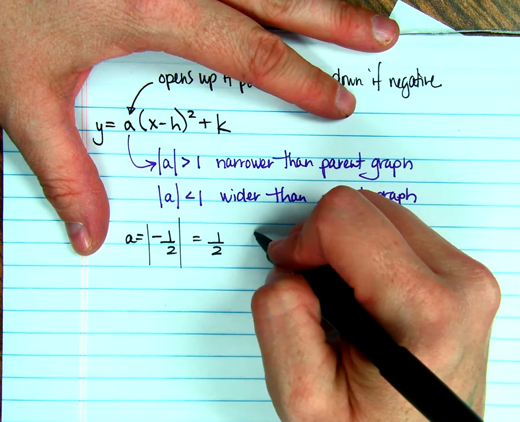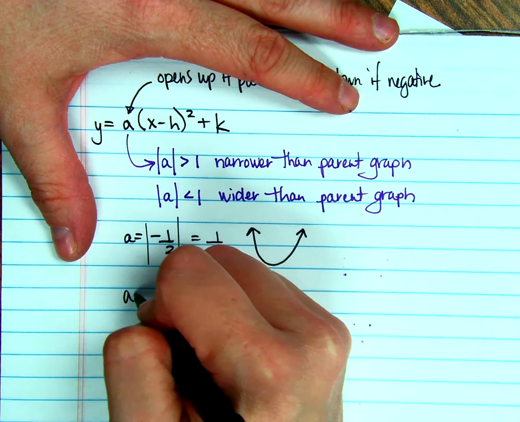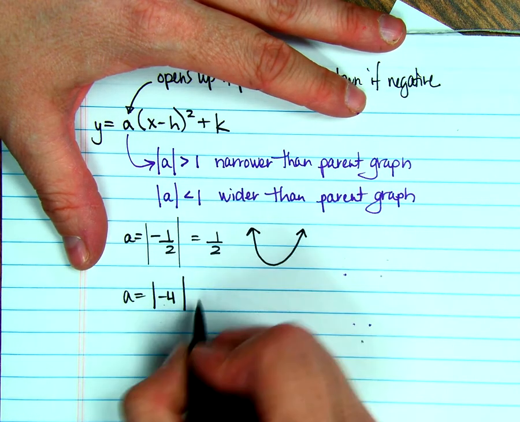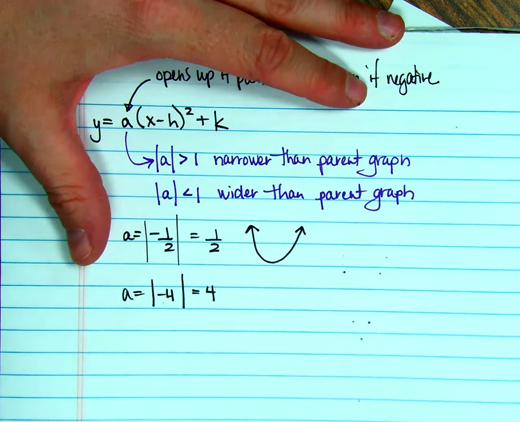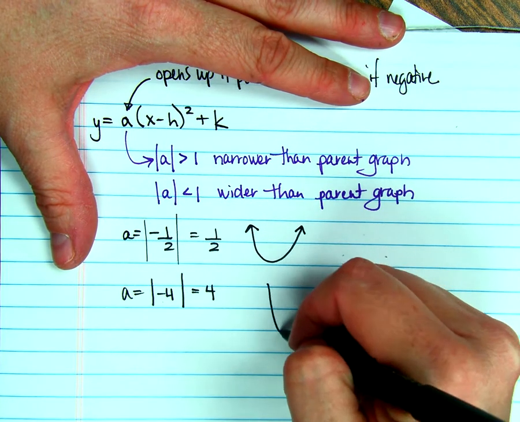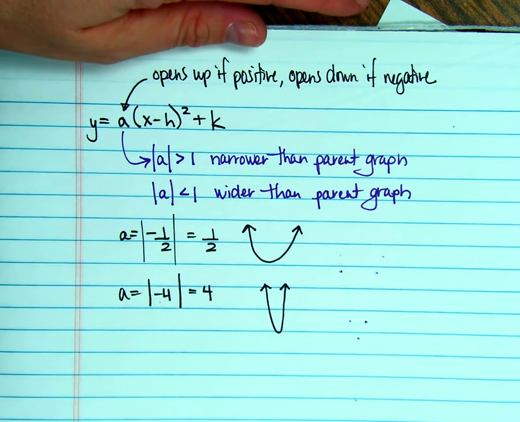It's going to make it wider. If the absolute value of a is, let's say, negative 4, absolute value of that's going to be a positive 4, the parabola is going to be much narrower than the parent graph. So it's the exact opposite.